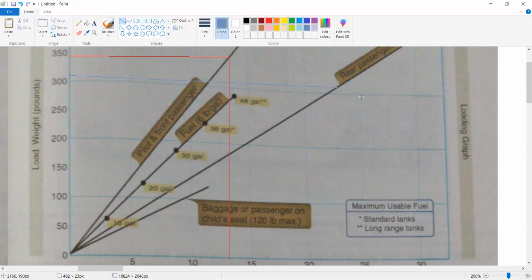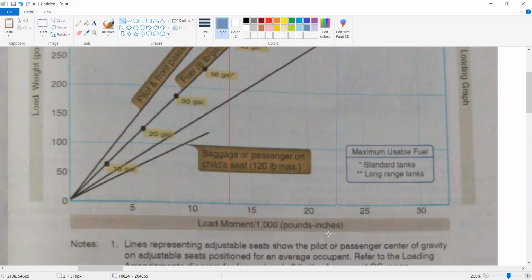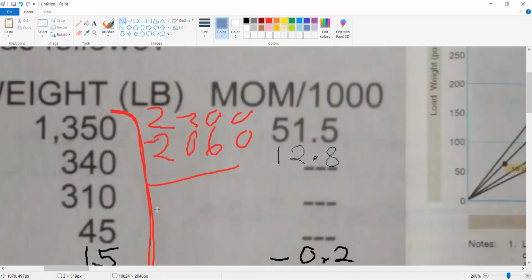We go all the way to our rear passenger line and then go down. That gives us about 23 here, but on a straight edge, it will be 22.5. That's what the book says. So we'll put this as 22.5.